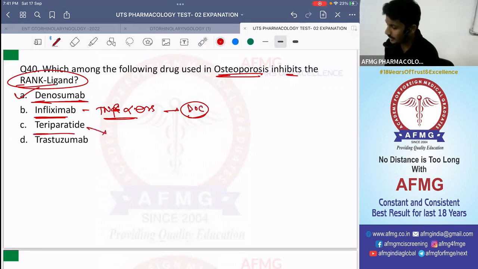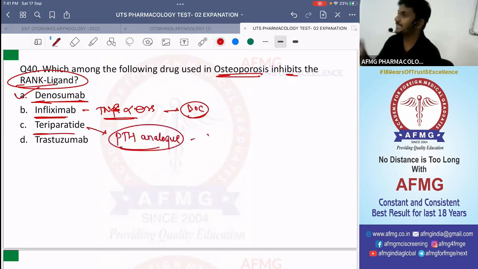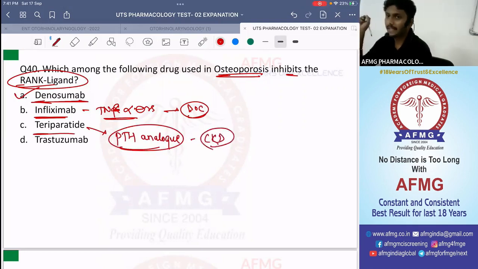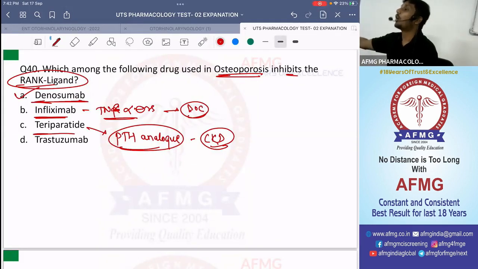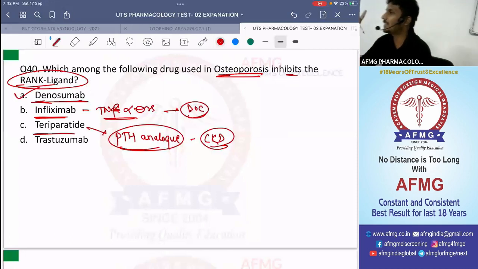Teriparatide is what? It is a parathormone analog, and it is usually given in cases of CKD, chronic kidney disease, or in renal osteodystrophy, because in CKD there is decreased levels of vitamin D and therefore decreased levels of calcium and therefore osteoporosis. So CKD induced osteoporosis या renal osteodystrophy जो होती है उसमें तुम teriparatide यूज करते हो. That is low dose parathormone, because high dose parathormone will cause bone resorption.